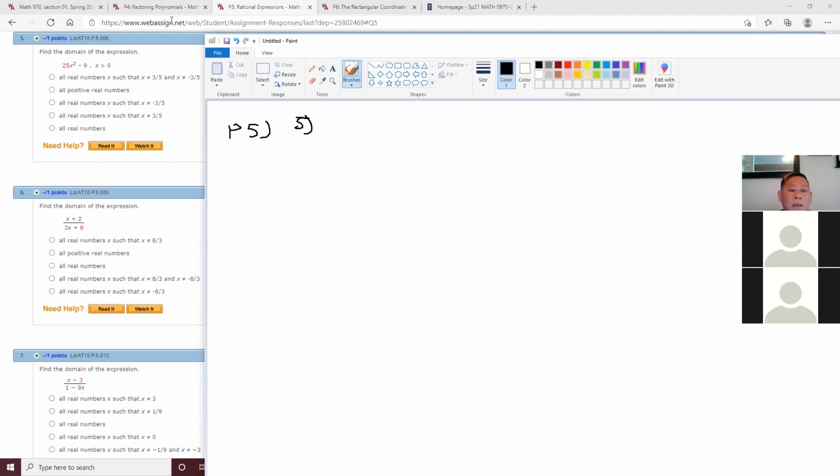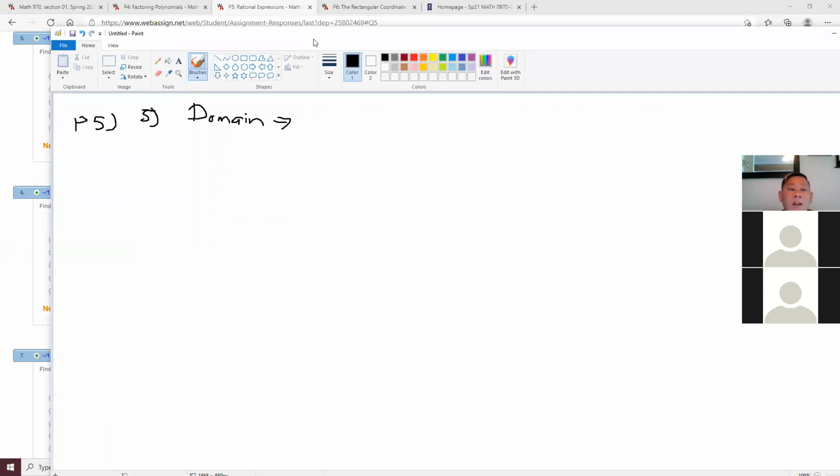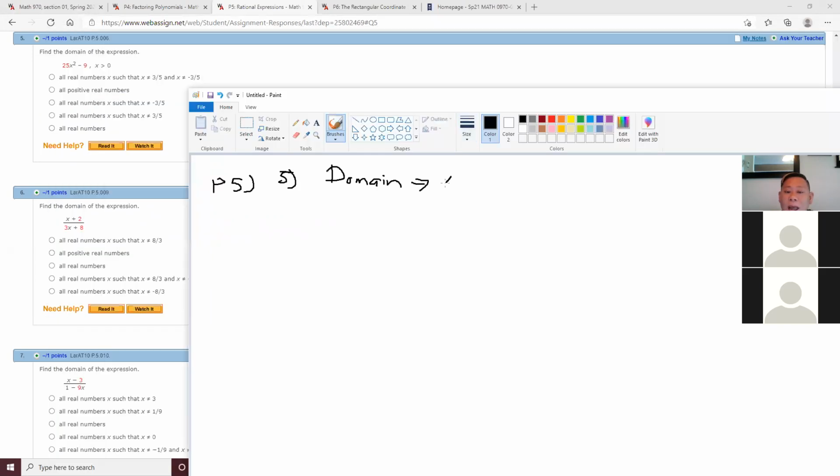Now, the domain is very important because we will use this a lot in college algebra, trig, and calculus. This class is the first time you see it. Does anyone know the meaning of the word domain? Okay, so domain in this case is what x values can take. That means what x value can be substituted in there.